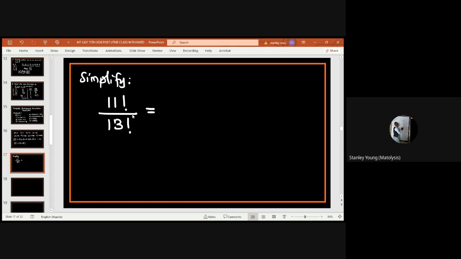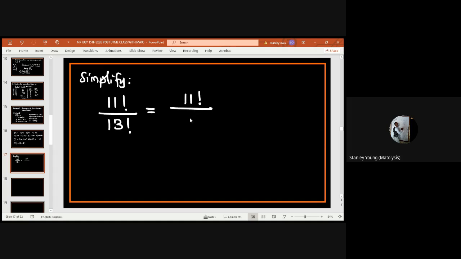What do you do here? Watching 11 factorial over 13 factorial, 13 factorial is bigger than 11 factorial. So I can leave the 11 factorial the way it is.